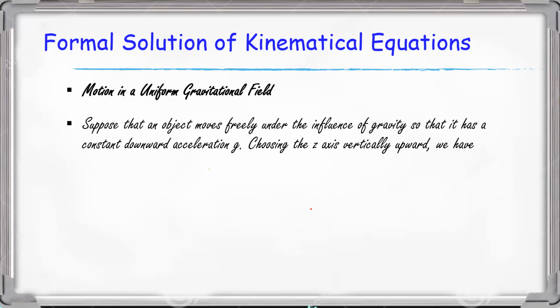Here we choose the z axis vertically upward. So we have the acceleration in the vertical direction. It is downward, z axis is vertically upward. Then acceleration a must be equal to minus g k cap, isn't it? Minus g k cap.